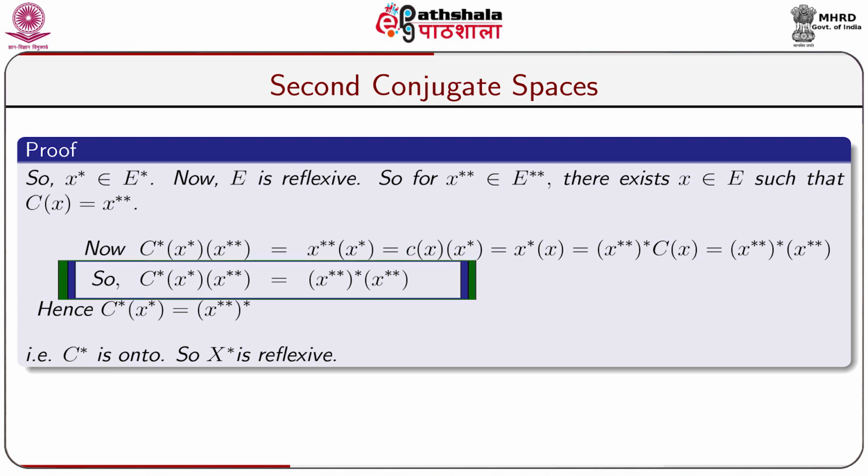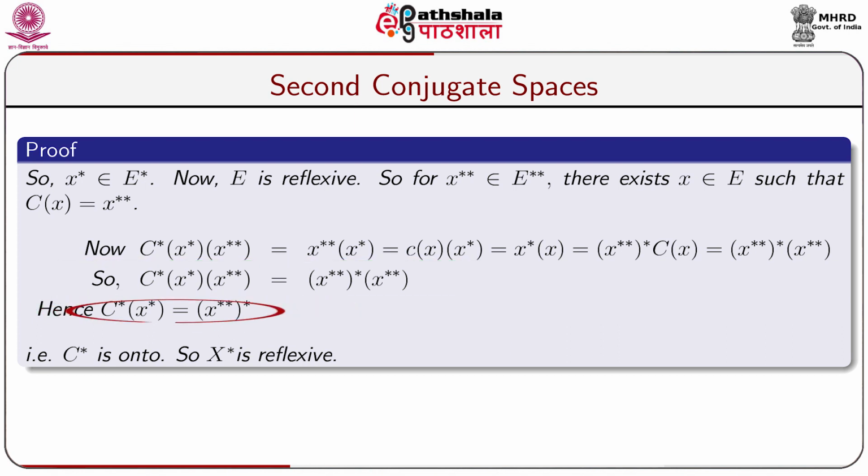So, C star of X star acting on X double star equals X triple star acting on X double star. Hence, C star of X star is equal to X triple star. That means C star is onto. So, E star is reflexive.